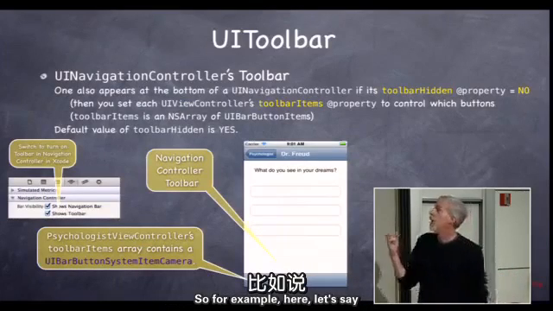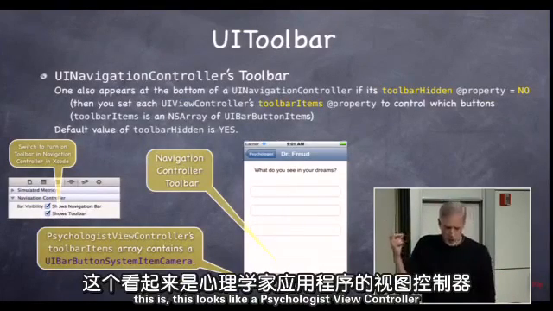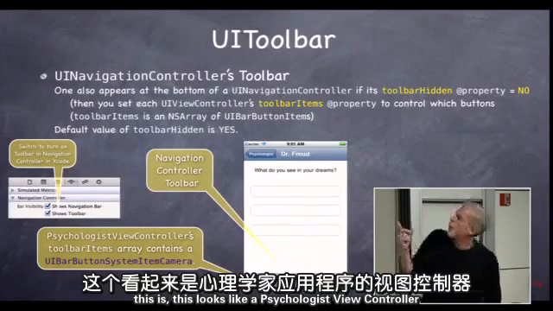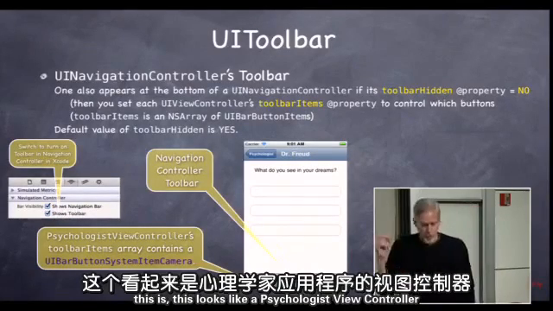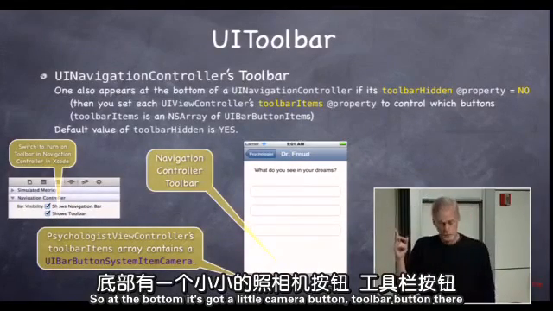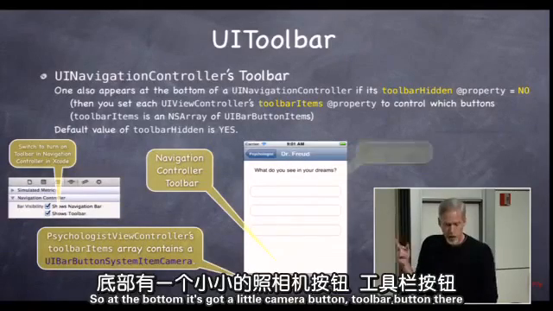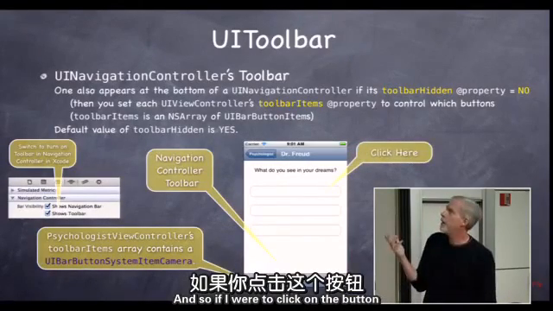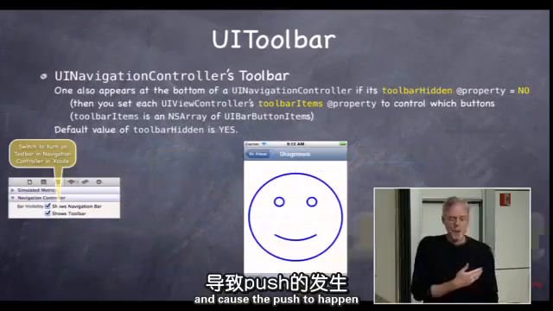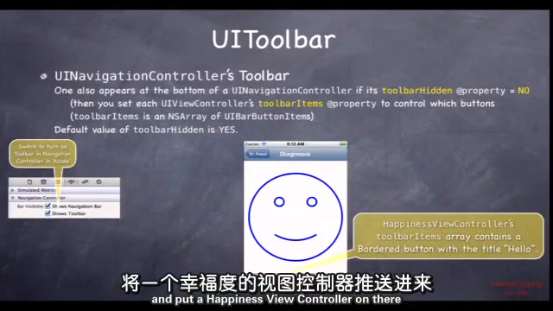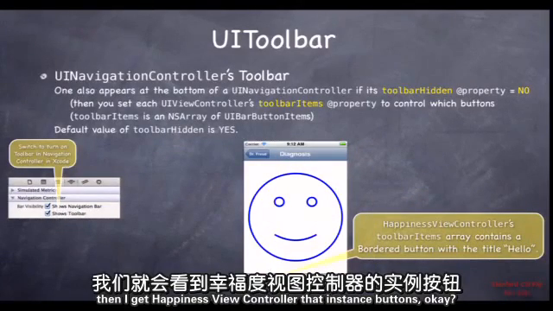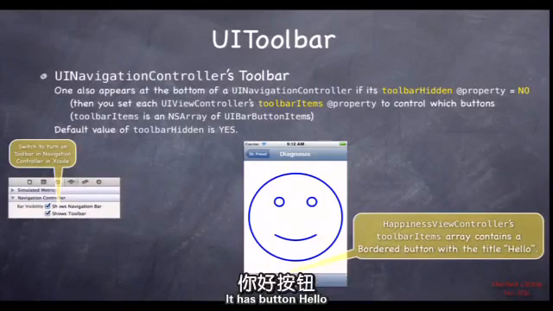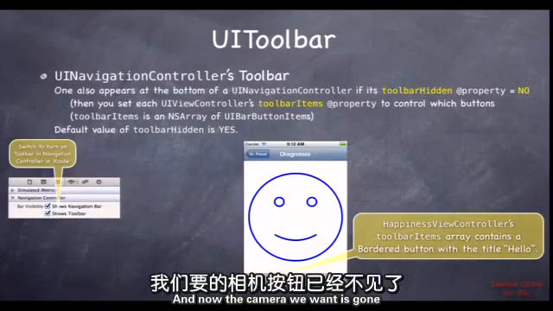So for example, here, this looks like a psychologist view controller, and at the bottom it's got a little camera toolbar button. If I were to click on a button and cause a push to happen and put a happiness view controller on there, then I'd get the happiness view controller instance's buttons. So there's a button down there, it has a button, hello, and notice the camera one is gone.